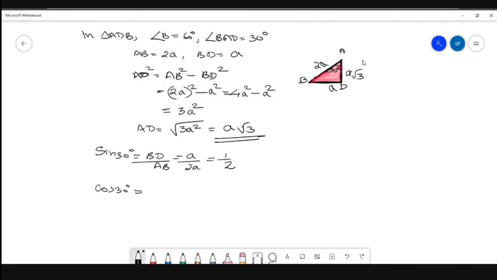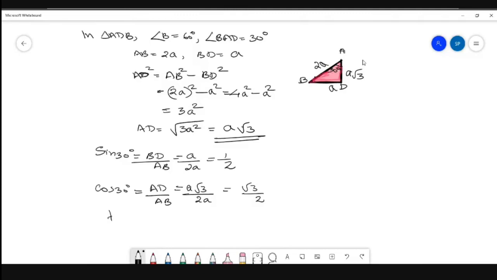So cos 30 is adjacent side AD divided by AB, that is A root 3 divided by 2A, that is root 3 by 2. Cos 30 is root 3 by 2.